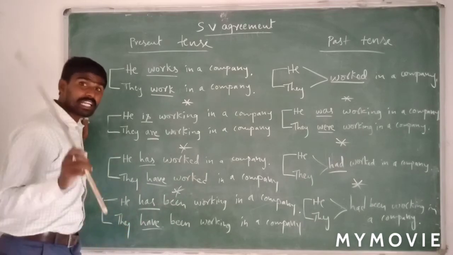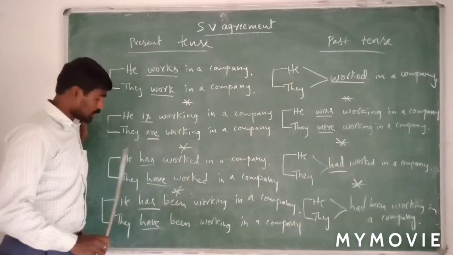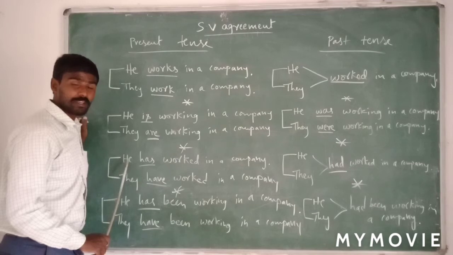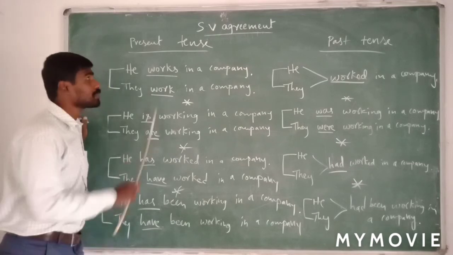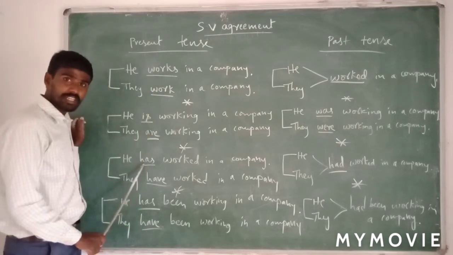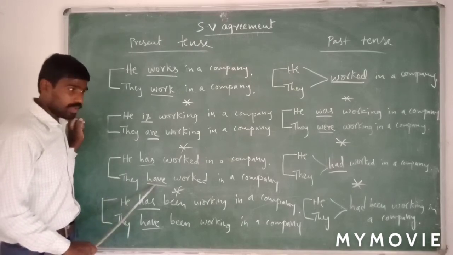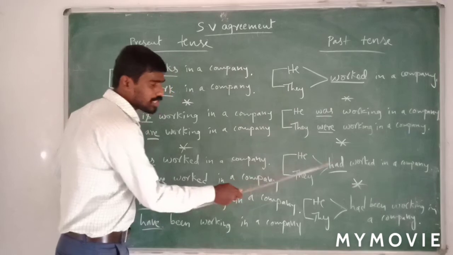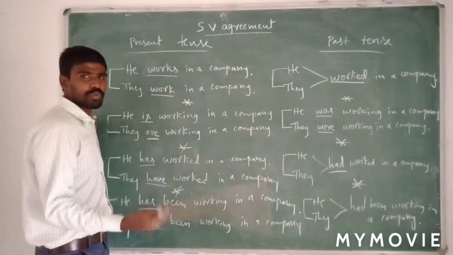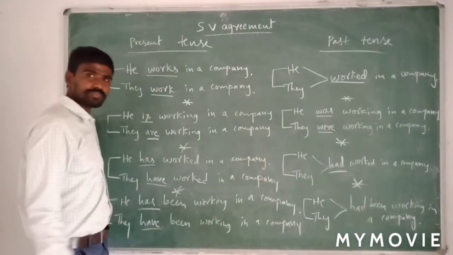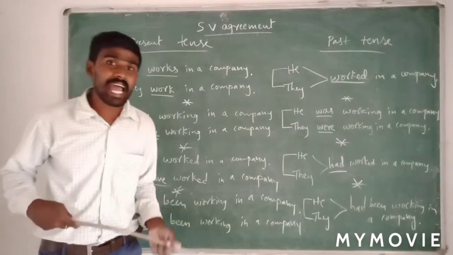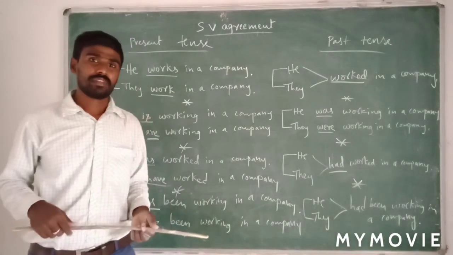We should use the correct have verbs according to the subject. If the subject is singular, in present tense we use has. If the subject is plural, we use have. But if it is in past tense, for both singular and plural we use had. Right?